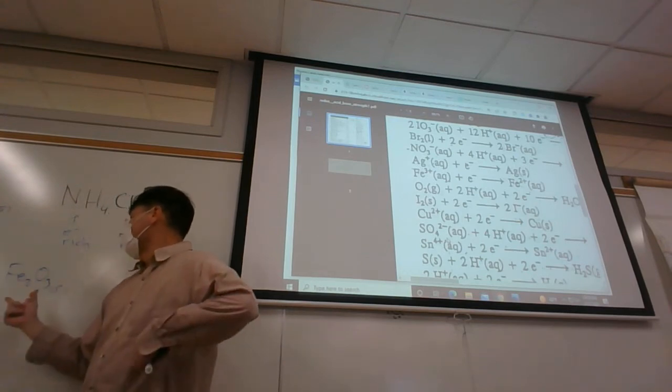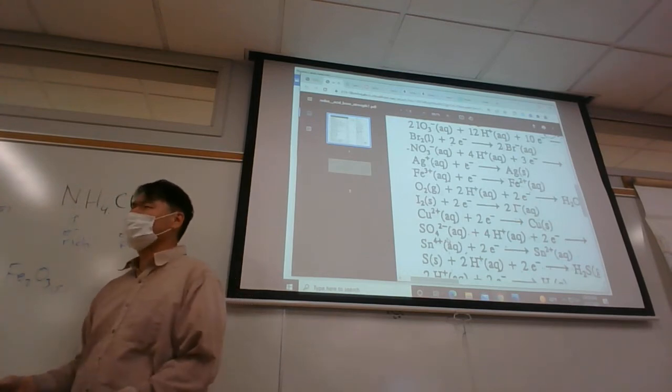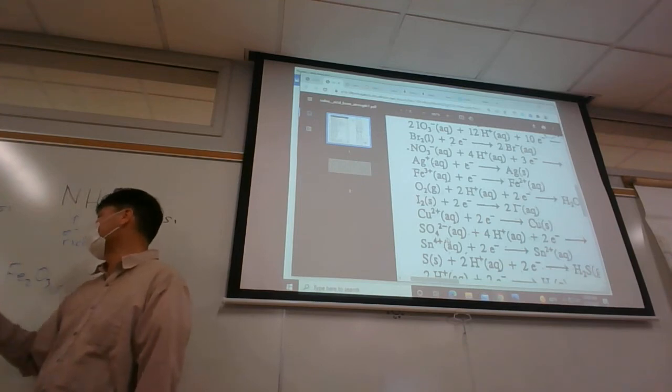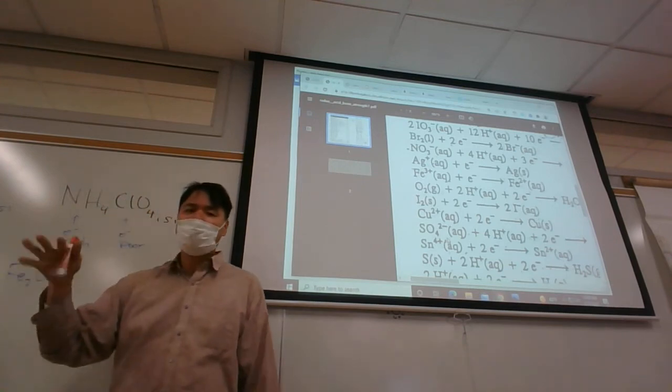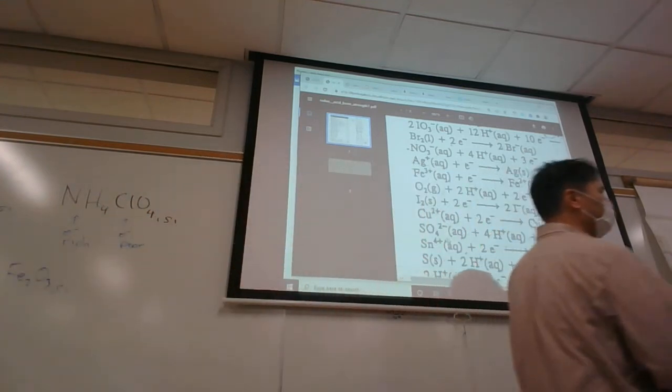So this is a redox reaction, but you think, okay, aluminum is a pretty good reducer. Iron 3 is a moderate oxidizer. But take a look at this reaction.